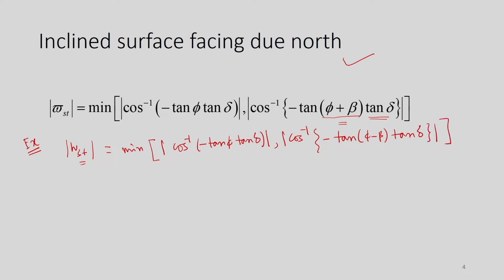Here, if we take beta as, say, 10 degrees, and consider the days, one may be June 21 and the other December 21.